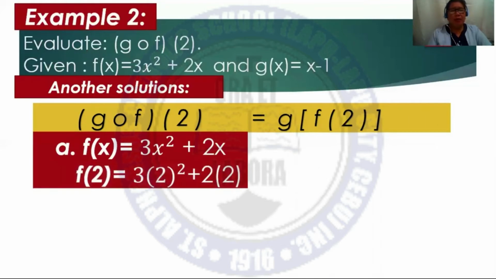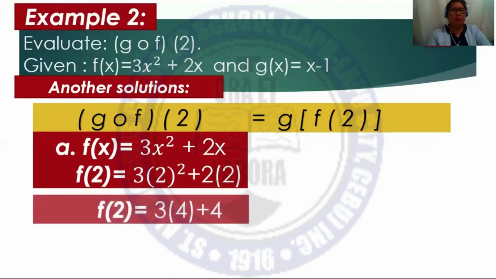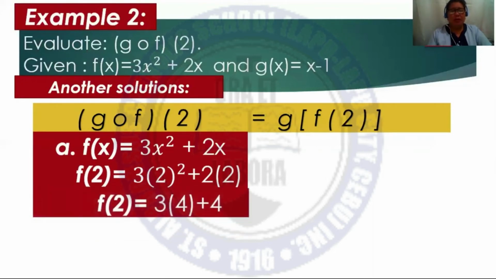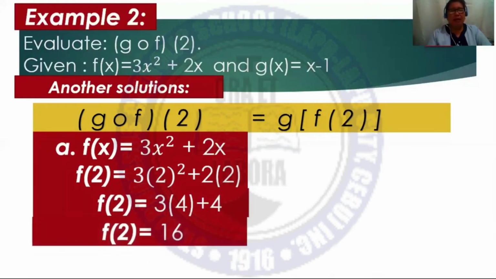Then f of 2, since the given value is 2, is equal to 3 times 2 squared plus 2 times 2. f of 2 is equal to 3 times 4 plus 4. And f of 2 is equal to 16.